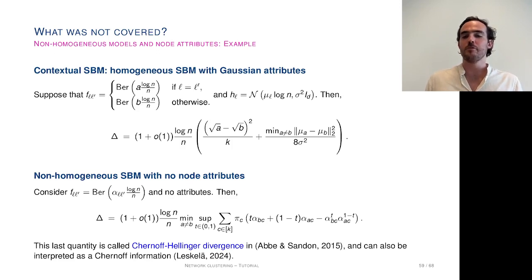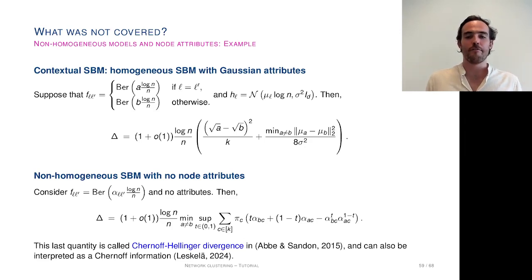But because you have the attributes, you have a second term, which is a minimum separation between the centers of your Gaussians. You take the minimum over pairs of clusters A and B of the squared Euclidean norm of mu A minus mu B, divided by 8 times sigma squared. In a sense, this is a signal-to-noise ratio, which tells you how much information you gain by looking at the attributes. You combine these two, and you get the amount of information you get by looking at both the network and attributes at the same time.